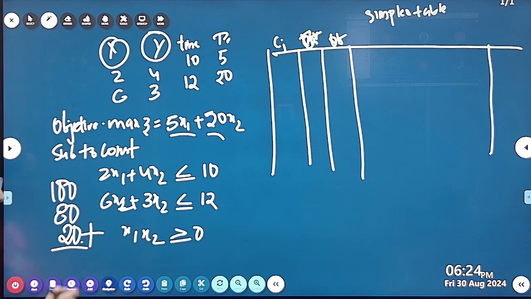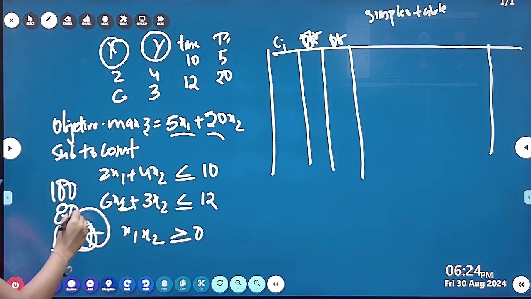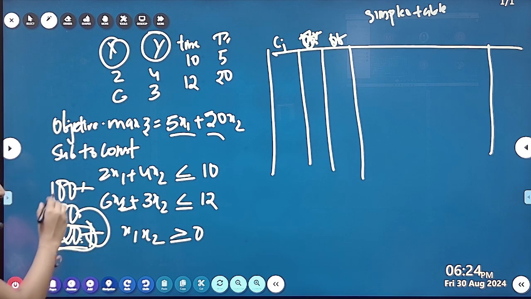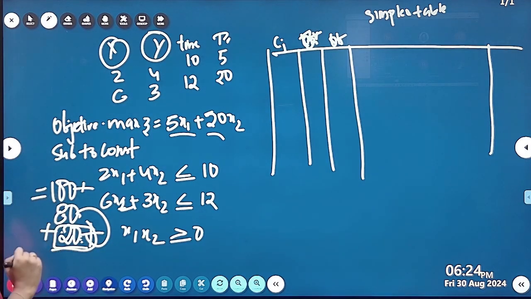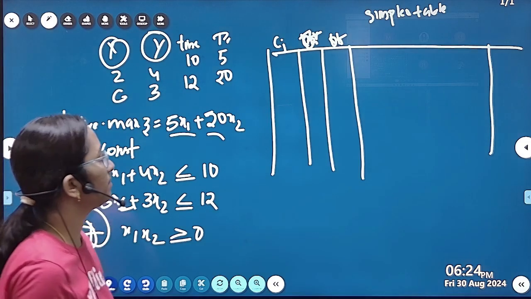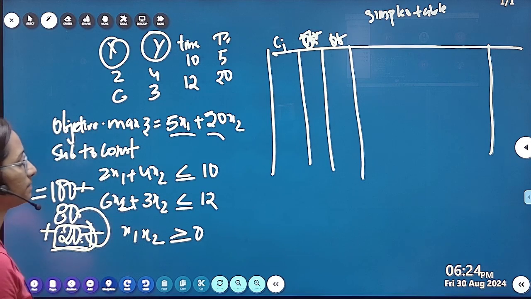Because this is a slack variable, by adding it to whatever you have attempted you get the number, but it will not affect the questions you attempted. Will any marks come from the 20? No, because you have not attempted. But we are adding this 20 to get the value 100. Like that only, the slack variable works.